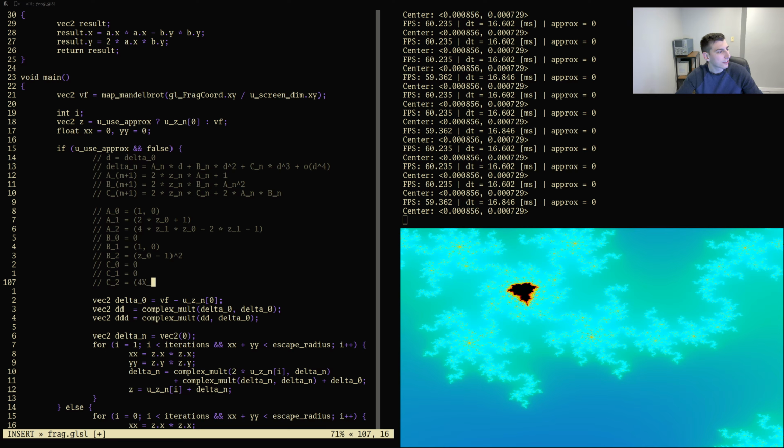And then okay, so c2 is going to be equal to 4 times z0 minus 2, and that's it.